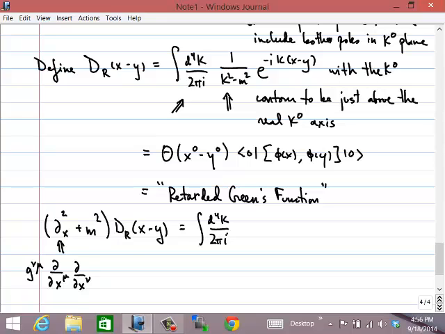When you act with the x derivative, you bring down a factor of k. And so we get k squared. Well, you get a minus k squared because of that factor of i when you act with two derivatives with respect to x. Then you get plus m squared. So that comes from the d by dx squared plus m squared. Then you have this denominator times e to the ik(x minus y).